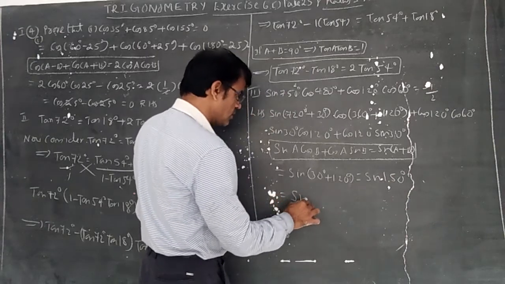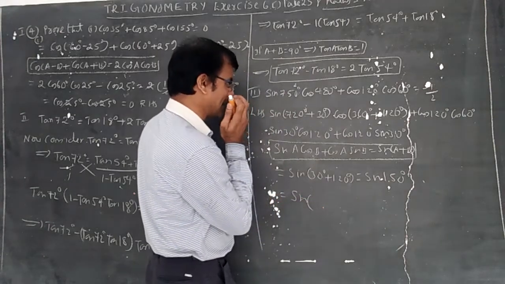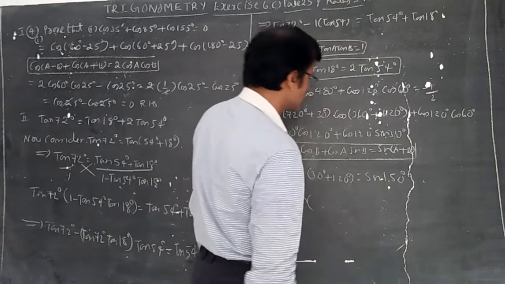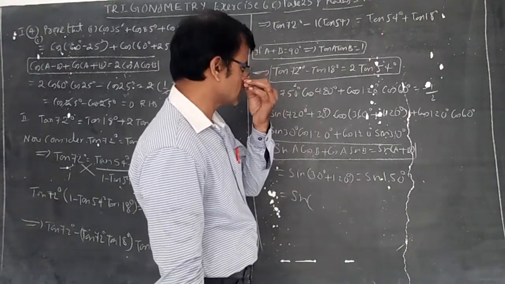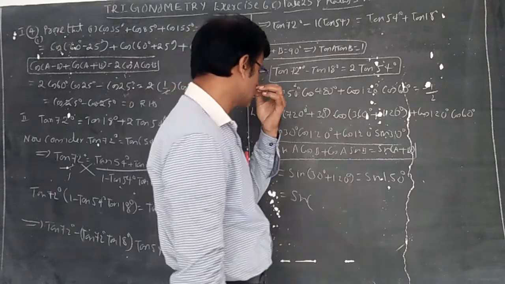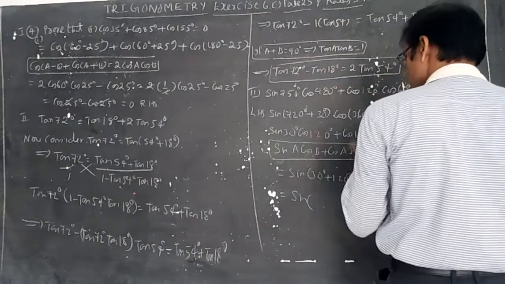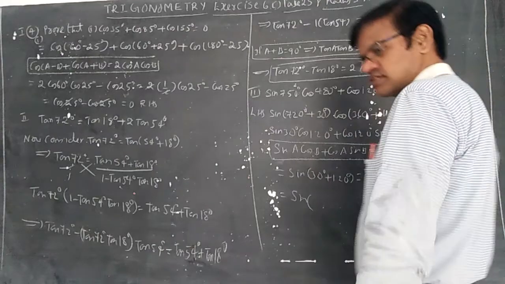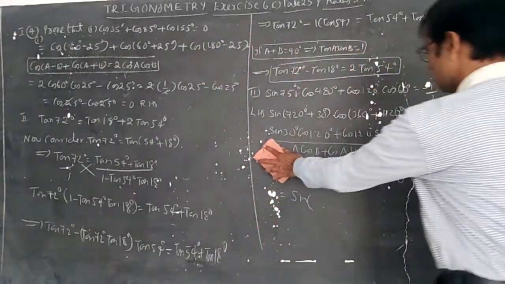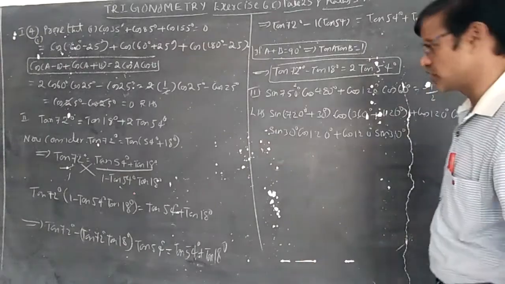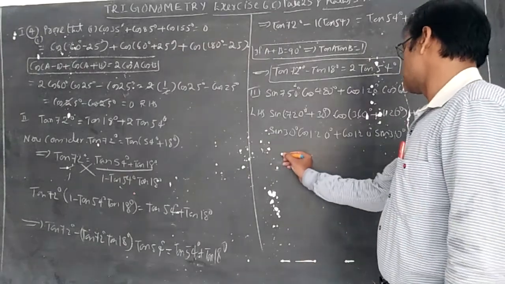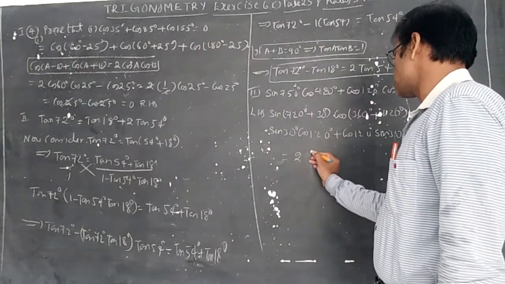Sin 150 degrees can be written as sin 30 cos 120 plus cos 30 sin 120. No, it is not in the proper form. It is not this form. Both are equal, so directly you can write sin 30 cos 120 and sin 30 cos 120.